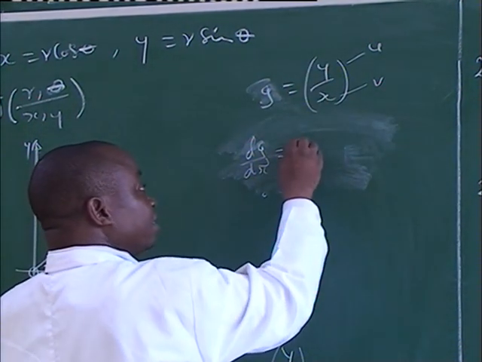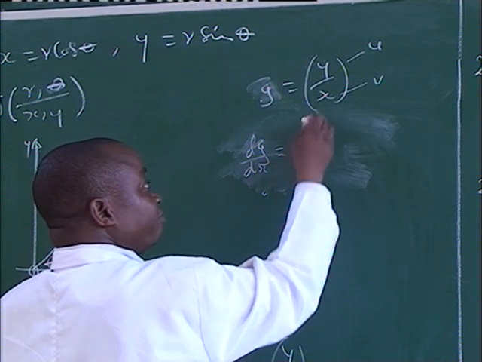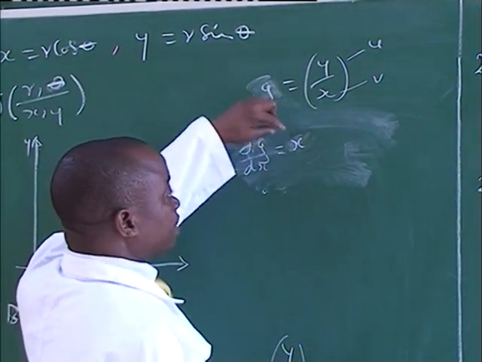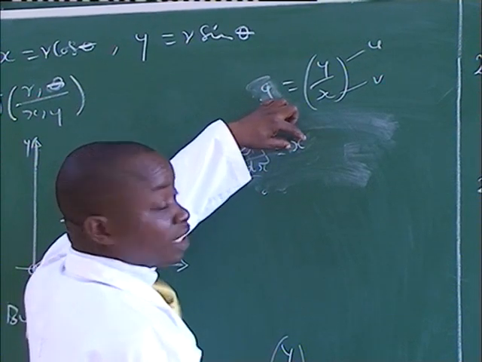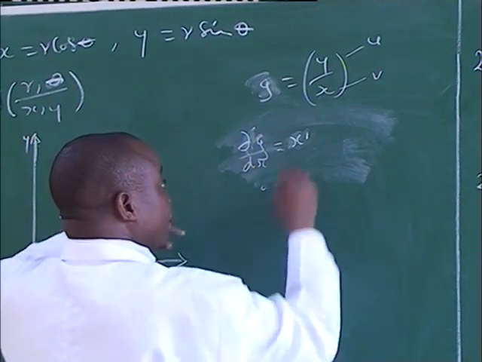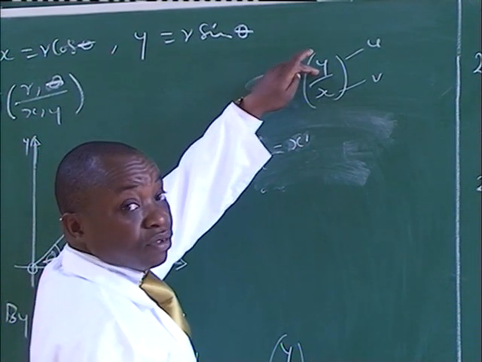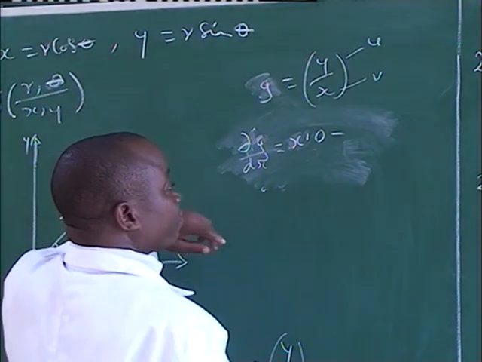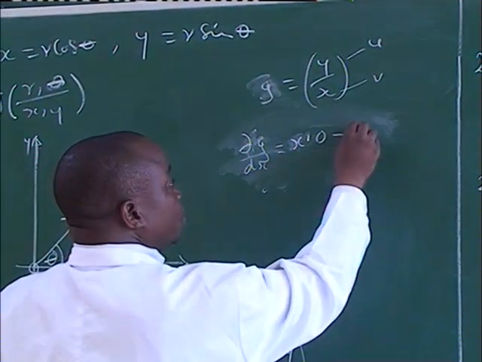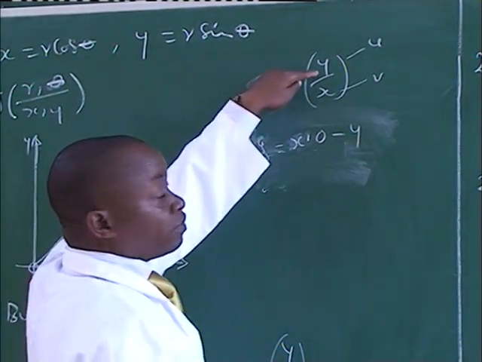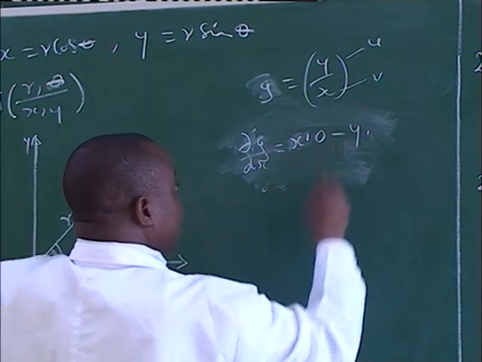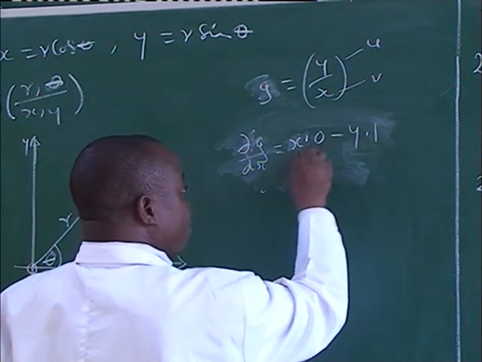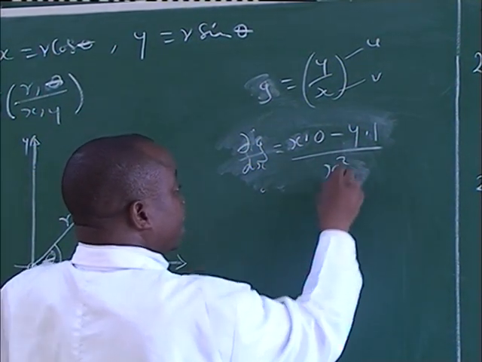I'll first keep v, and v here is x, times the differentiation of u, and there is no x in this place, so it becomes 0, minus, I'll keep u, my u is y, times the differentiation of x, which is 1, over x squared, that is v squared.